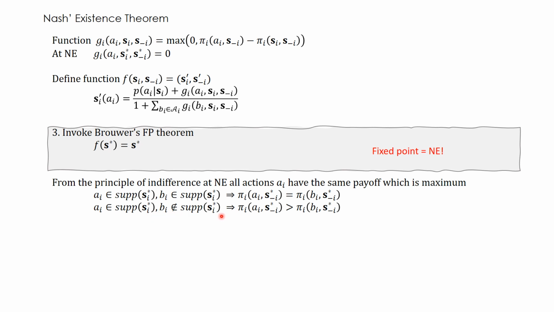Then it necessarily means, from the definition of Nash equilibrium, that the payoff with AI will be greater than the payoff with BI, which is not in the support. This is for strict NE, and it will be greater than or equal to in case of just a Nash equilibrium.